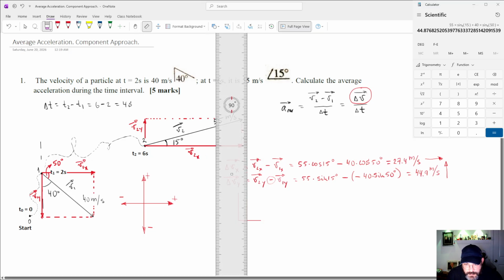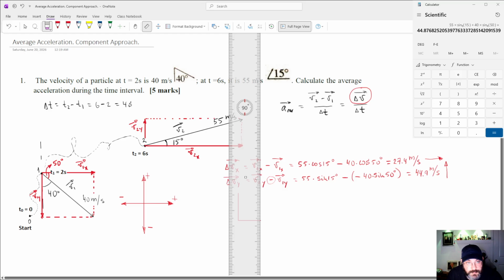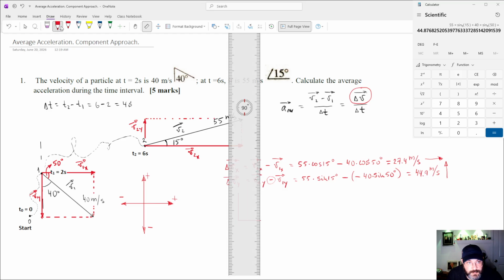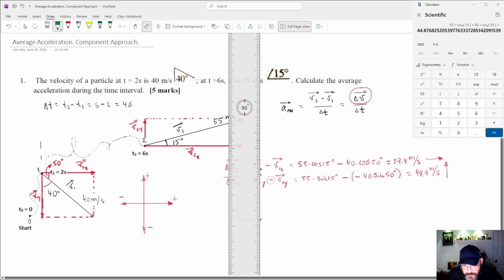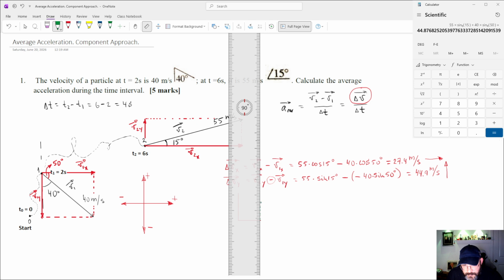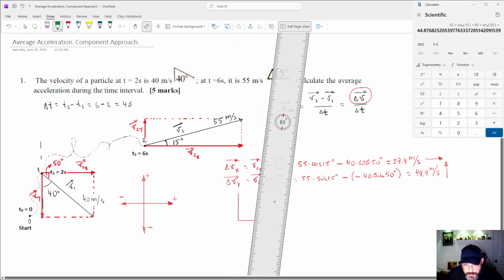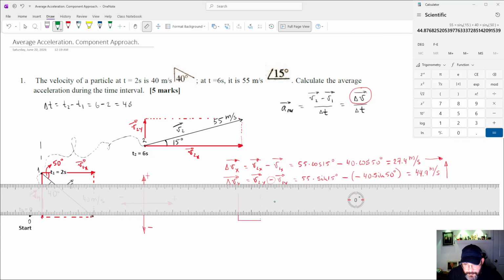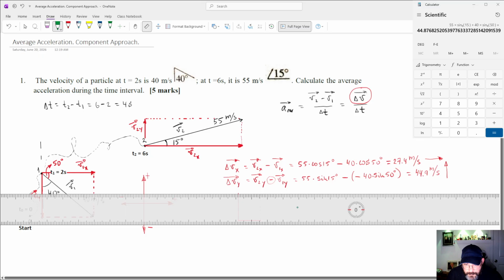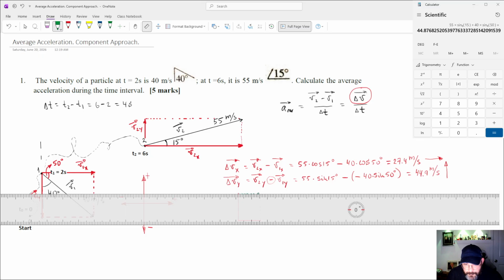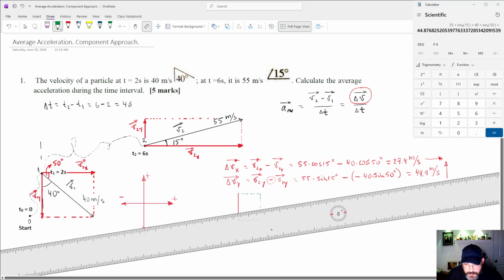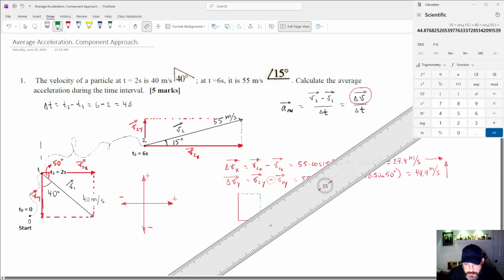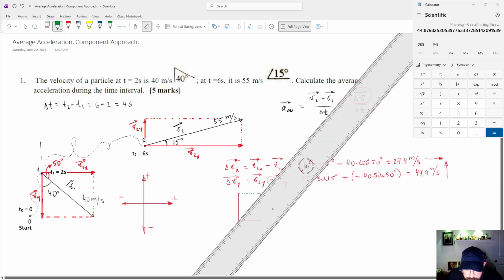So let's draw the resultant and then also draw the directions of those vectors as well.